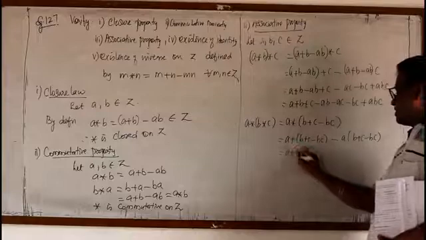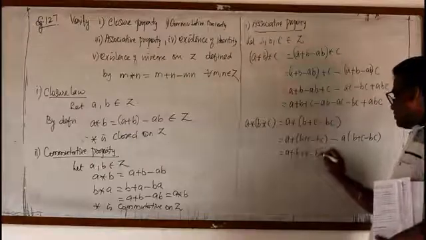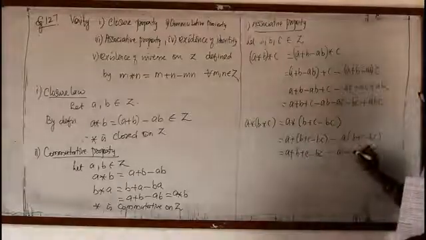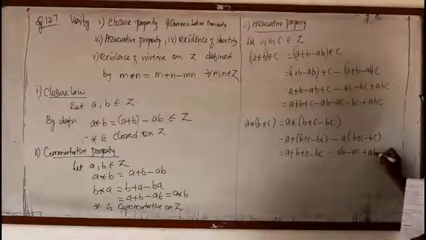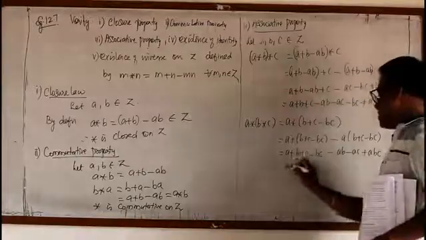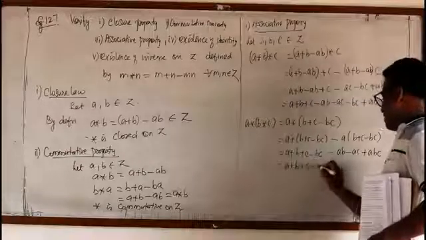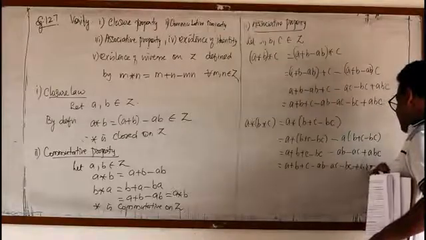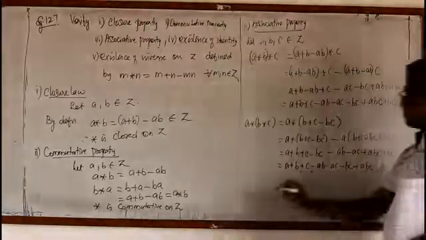Now remove the brackets, it is A plus B plus C minus BC minus AB minus AC plus ABC. Is it not A plus B plus C minus AB minus AC minus BC plus ABC? Are they equal?